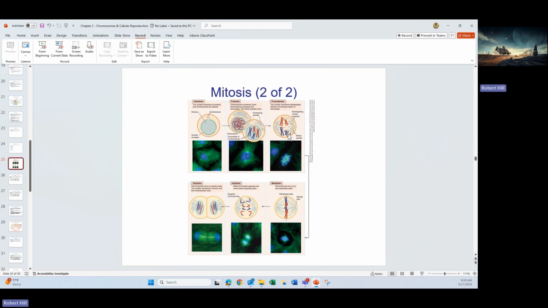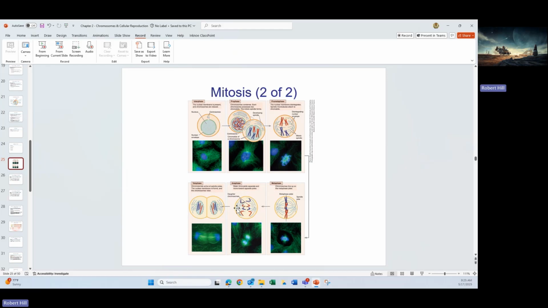Then ultimately during metaphase, all of the chromosomes, and you can see they're all doubled here, right? Remember, the chromatids are connected together at the centromere, and they all start to line up in this area called the metaphase plate. And here's the metaphase plate, metaphase.